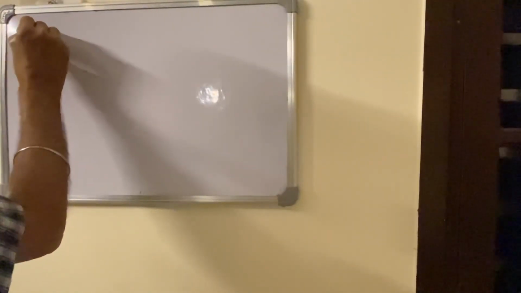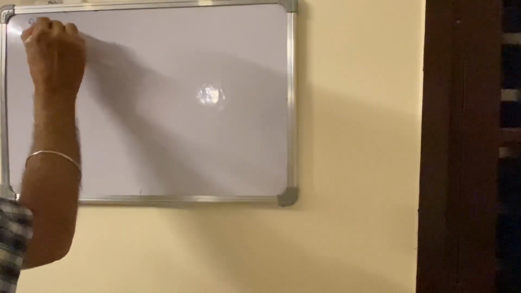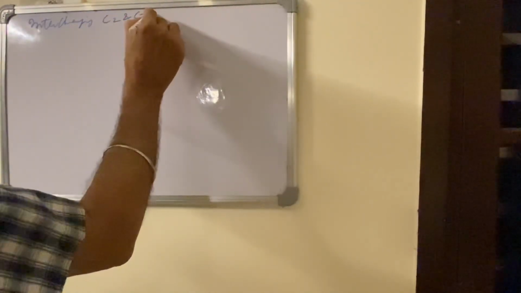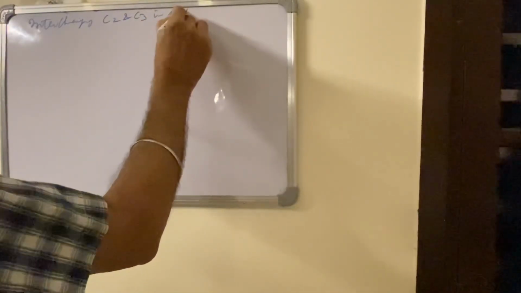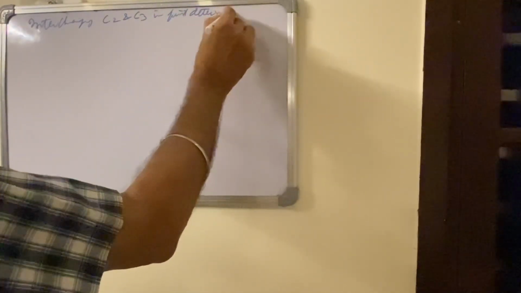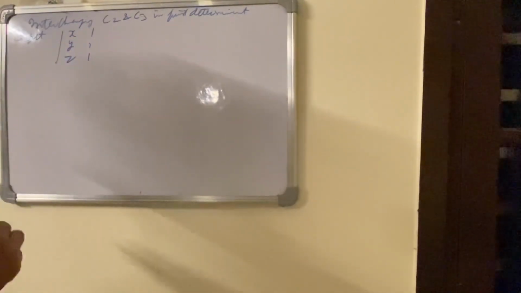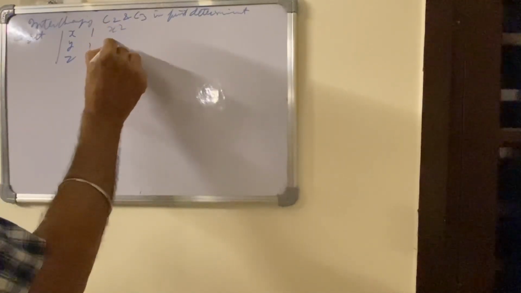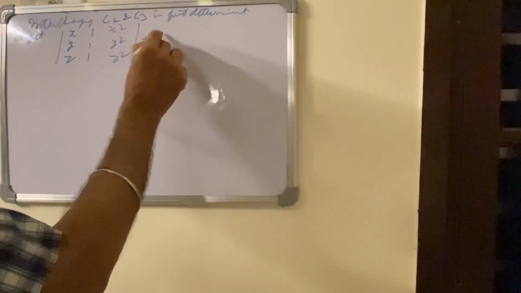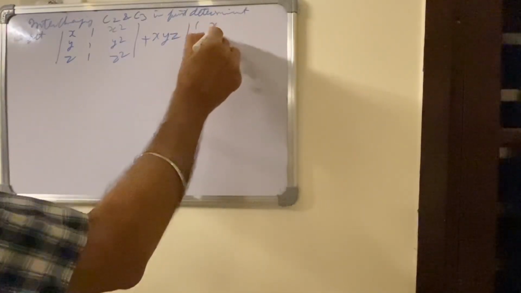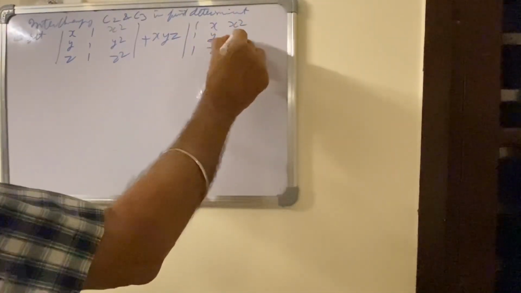Then interchanging C2 and C3 in the first determinant, we get first column x, y, z, second column 1, 1, 1, third column x square, y square, z square, plus x, y, z into the determinant with first column 1, 1, 1, second x, y, z, third x square, y square, z square is equal to 0.